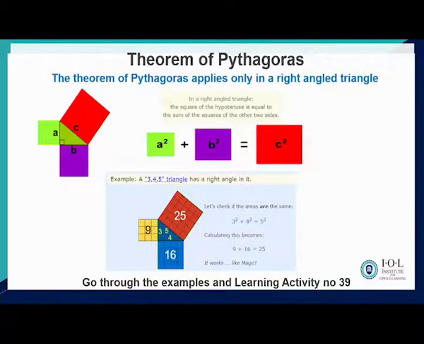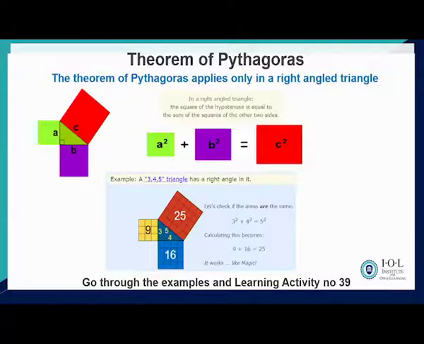So here we get to the Theorem of Pythagoras. This is a very good example for you to see where it comes from. It comes from the squares on the sides of a right-angled triangle. So it must be a right-angled triangle.